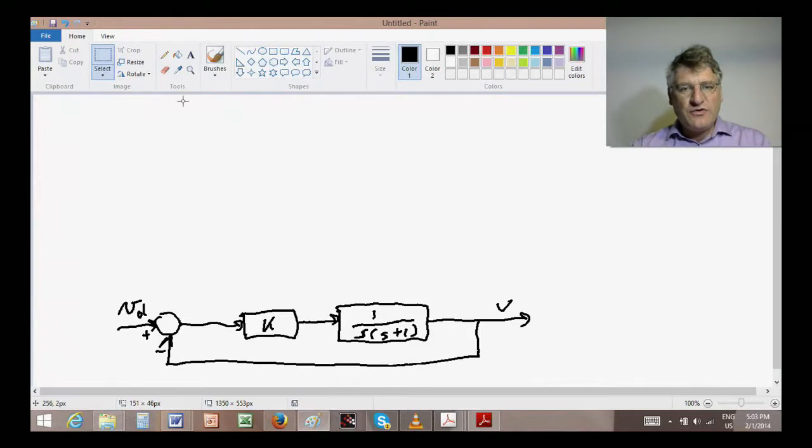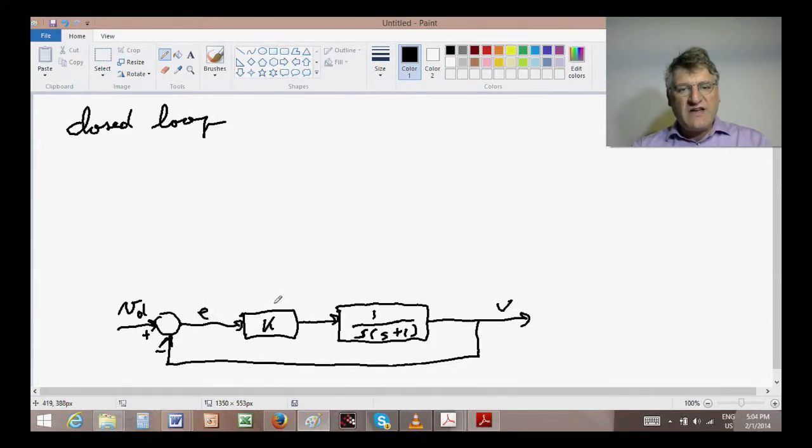We first need to compute what is called the closed loop transfer function. We call it closed loop because we have this output that feeds back into the input.